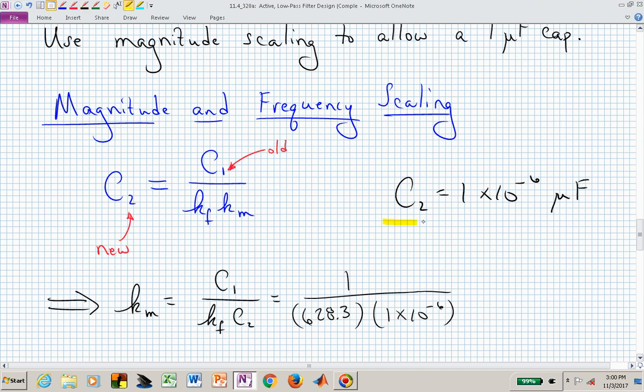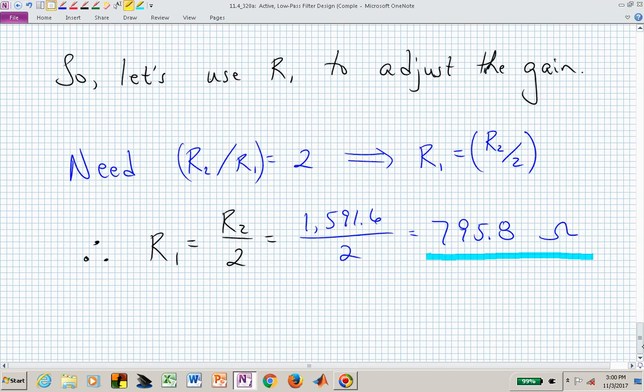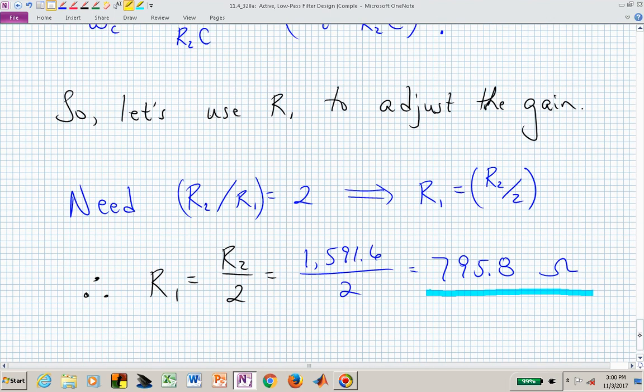And that is what we needed in our circuit because that's what we had coming off the shelf. And that now completes our design of selecting R1, R2, and C to have a first order low pass filter with a DC gain or a low frequency gain of 2 and a bandwidth of 100 Hertz.